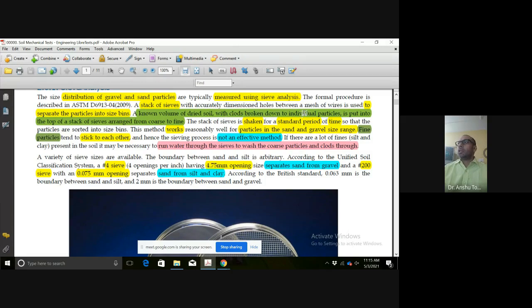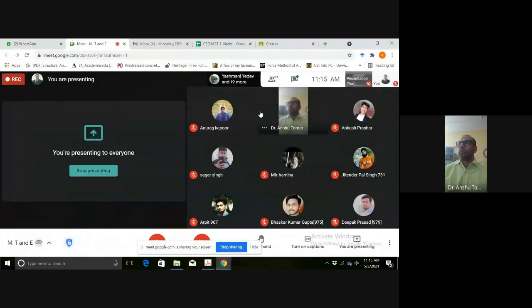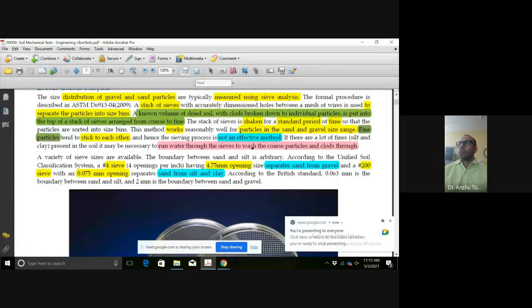The stack of sieves is shaken for a standard period of time. So the time limit is fixed, and we have to keep on shaking.